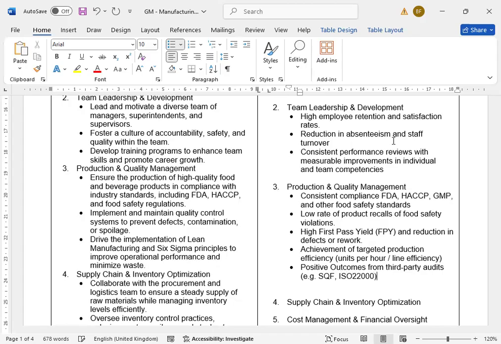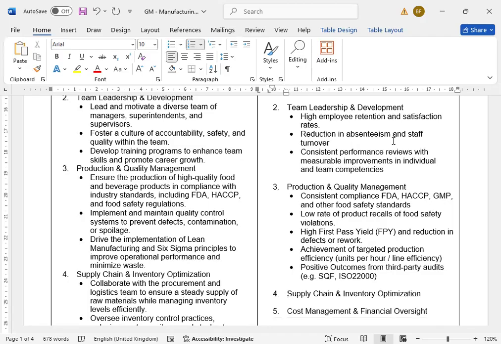Okay. So that would be for number three, which is production and quality management. Okay, let's go to number four, supply chain and inventory optimization. Okay, bullet.